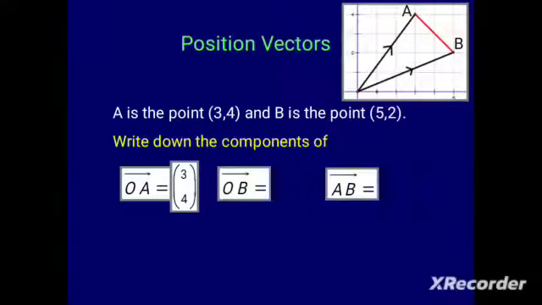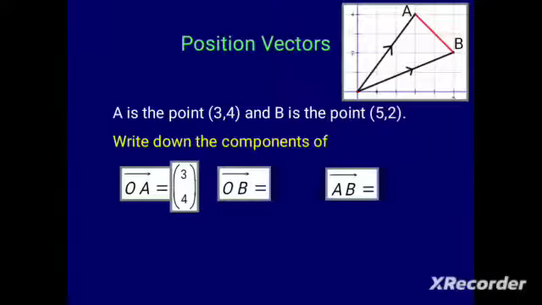If you look at this very well, you will find that vector OA is the same as A minus O, whereby O is the origin, of coordinates 0, 0. So you take the coordinates for point A, 3, 4, minus that of the origin 0, 0.